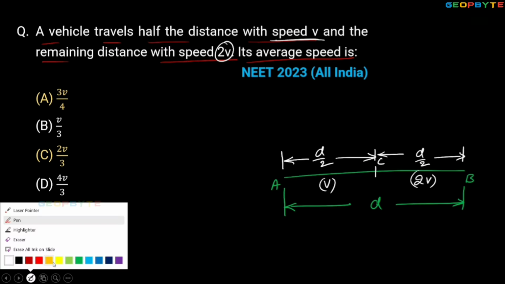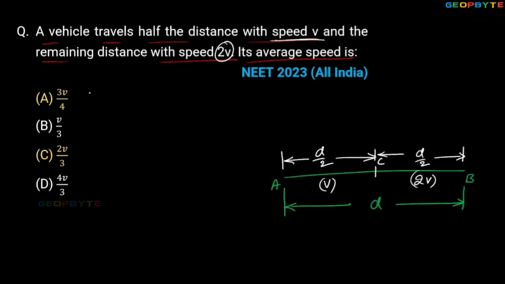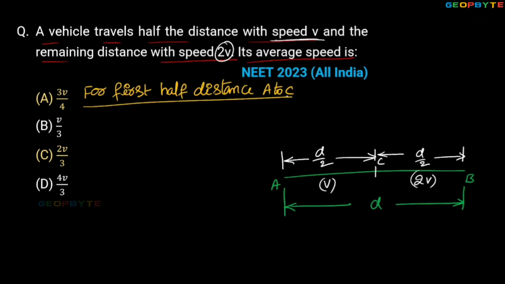Now let us take the first half distance, that is A to C. The time required for covering A to C, let it be T1, equals distance traveled divided by velocity.